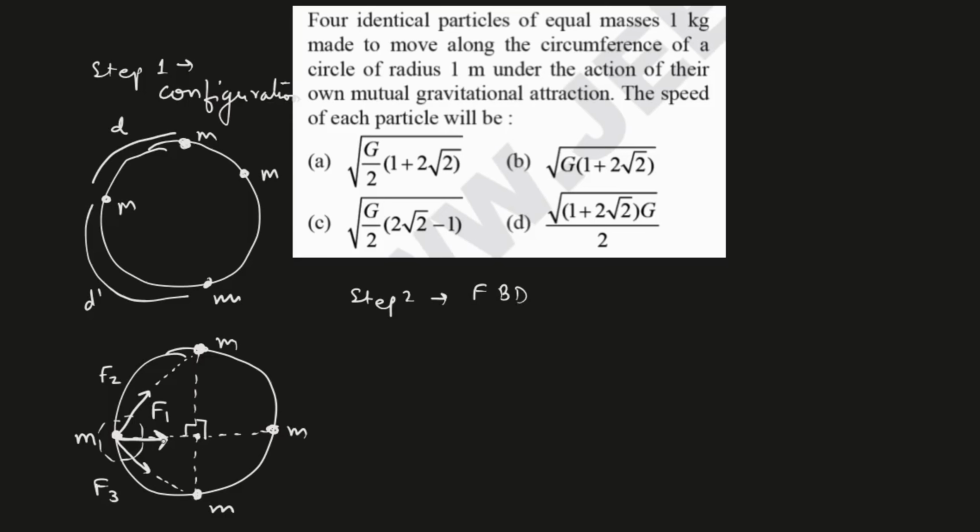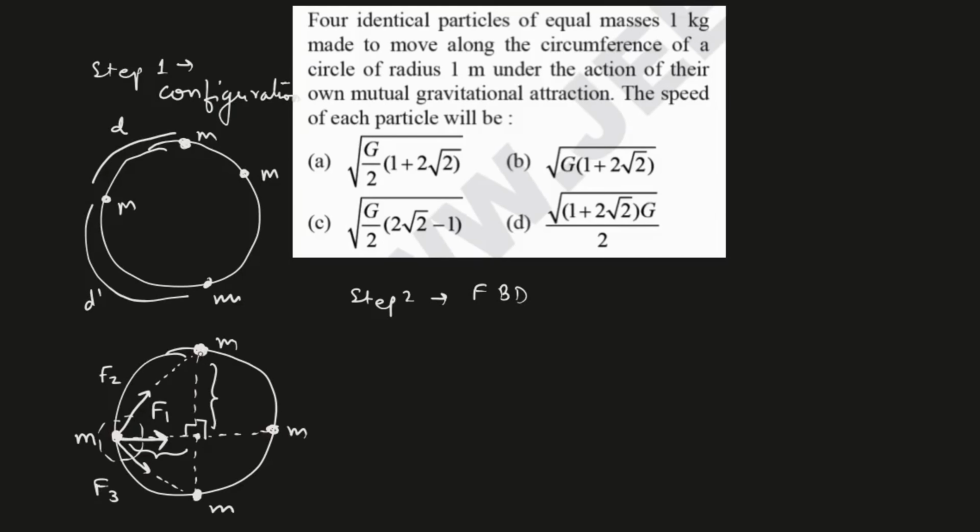Now if you notice carefully, F2 and F3 are going to be equal in terms of magnitude because these two masses are symmetrical with respect to this mass. The angle that the force is making is different, but the magnitudes are the same. Since this length is the radius of the circle, this is also the radius.